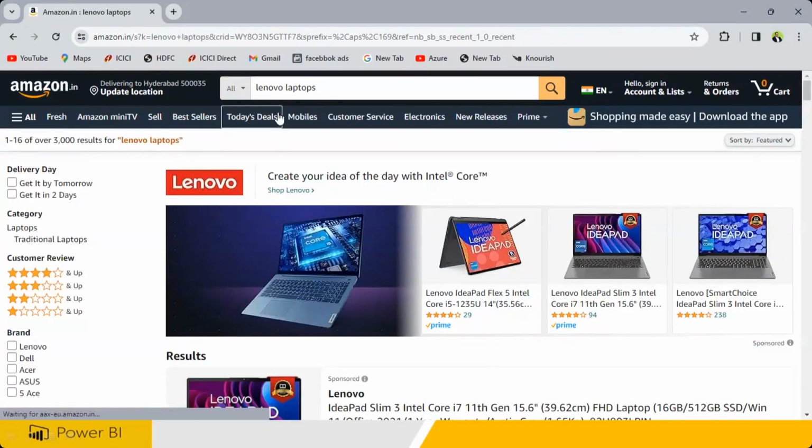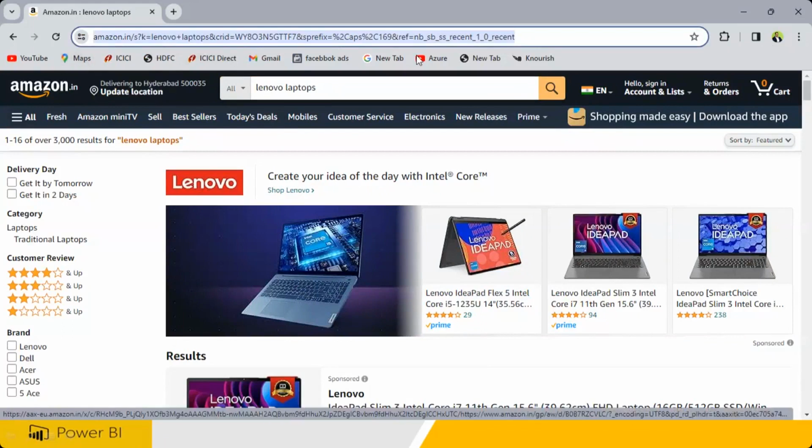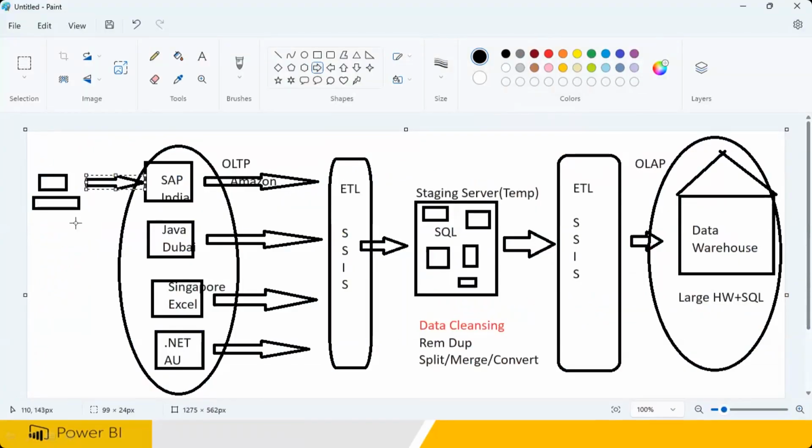So the question is, you're establishing a connection from your computer to this by using this URL. You don't know, this may be an SAP website or Java website or AngularJS website, or it may be a Python website. We don't know. So you are going to be connecting with this, and this is you.